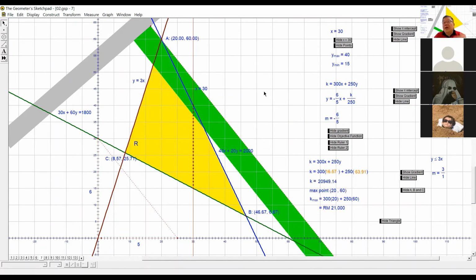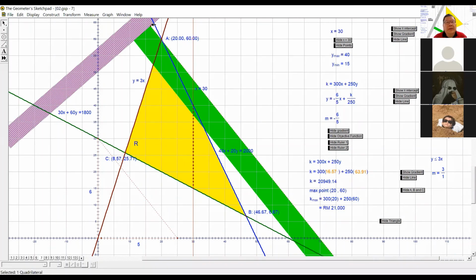So I have to know how to find the maximum point. The maximum point comes from the moving objective function. We move it until the furthest away, that will be the maximum point. Use that point, substitute into the objective function, you will get the maximum value. But if you want to find the minimum value, then you substitute the minimum point, right?